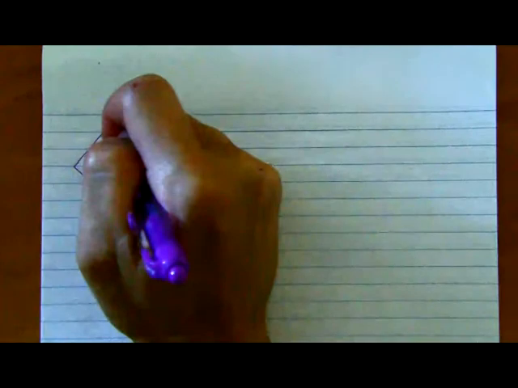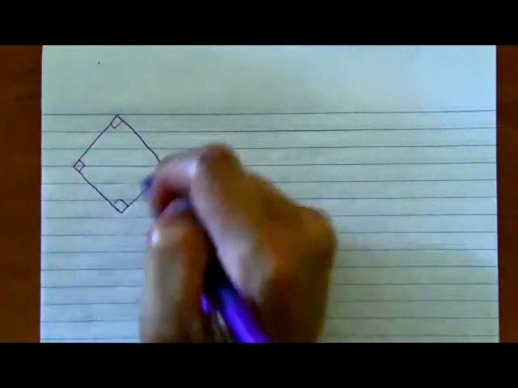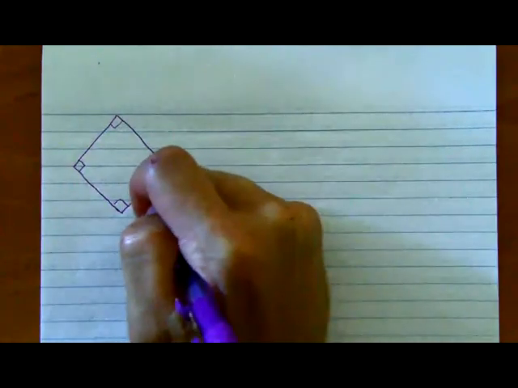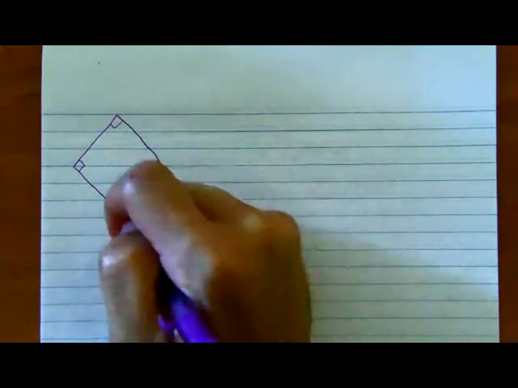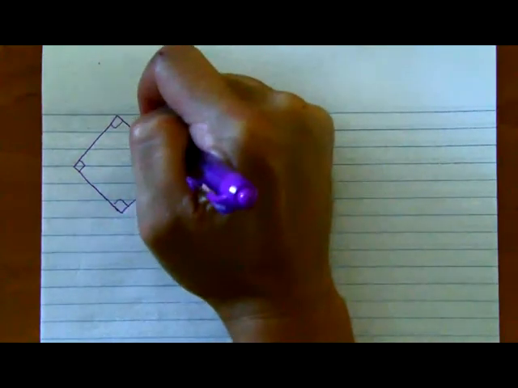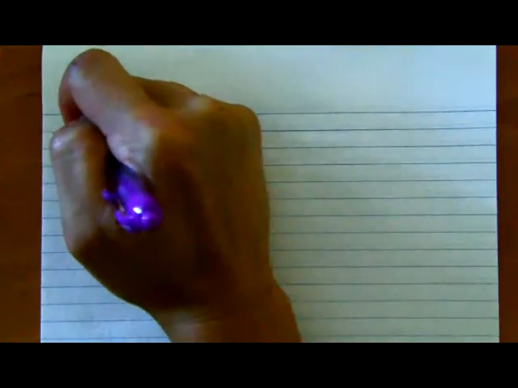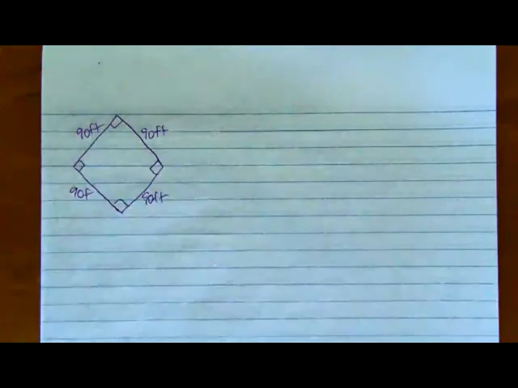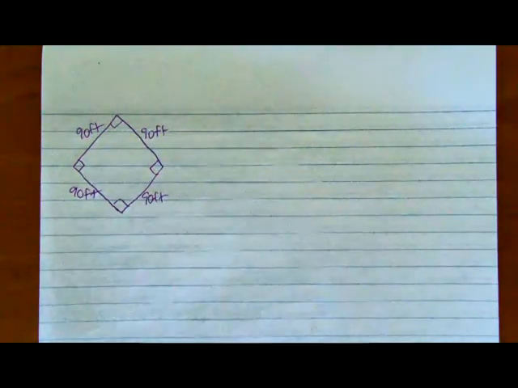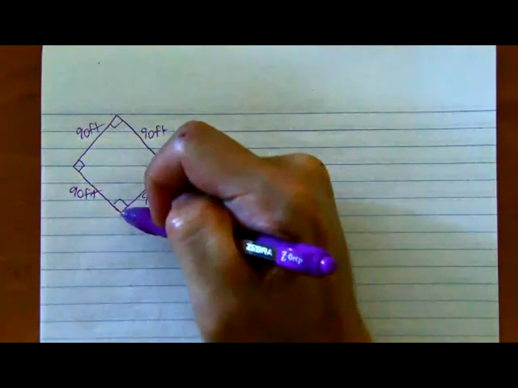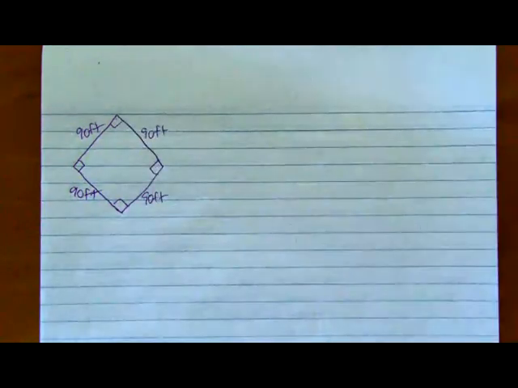You have a baseball diamond. It's like a square. The base paths are 90 feet. So all the way around, 90 feet. We want to find the distance from home plate to second base, right here.